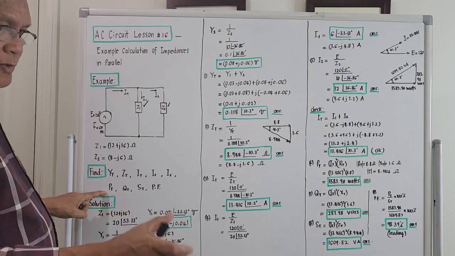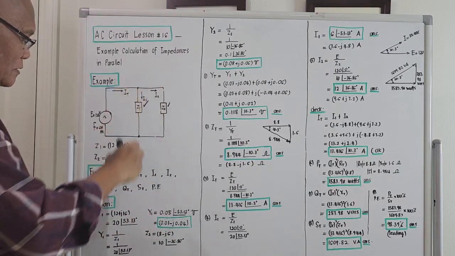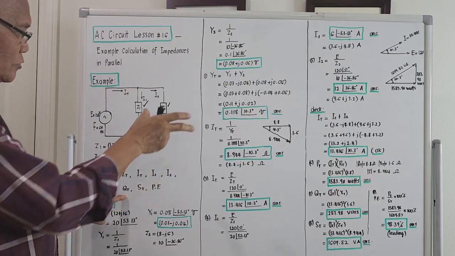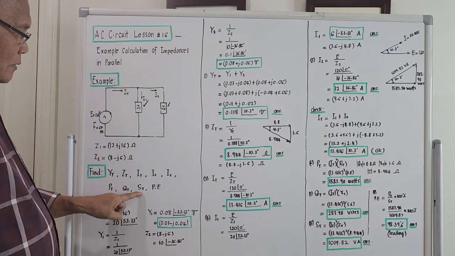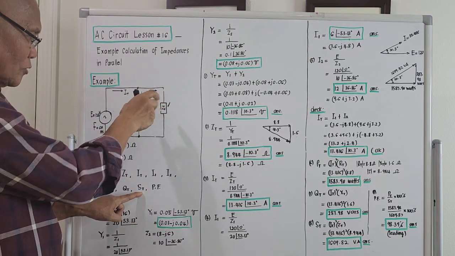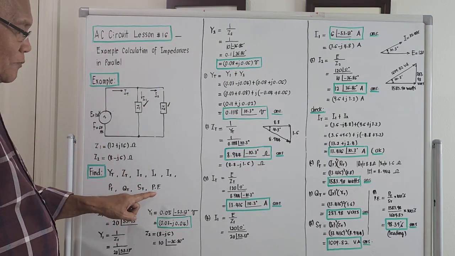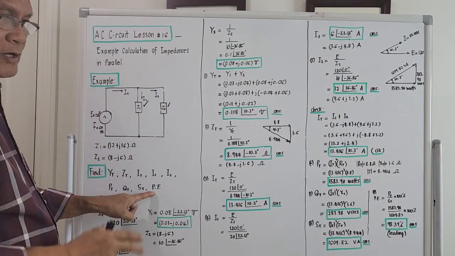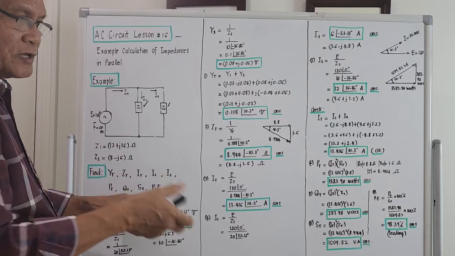The total true power consumption of the two impedances. The total reactive power consumed by the two impedances. The total apparent power consumed by Z1 and Z2, and the power factor of the system. There should be a power factor. Is it efficient or not efficient?